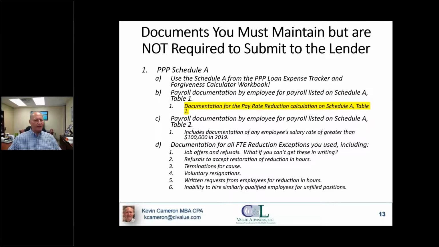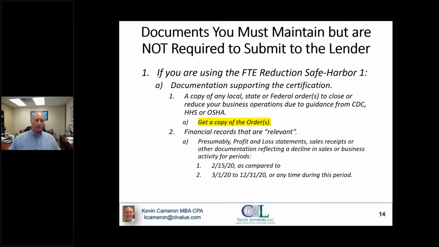So there's a lot, like I said a moment ago, there's a high level of trust for making sure that you have all of this information in your records. If you're using the FTE reduction safe harbor number 1, that's where you're telling the SBA and the lender that your business was shut down due to an order that was based on guidance from CDC, HHS, or OSHA.